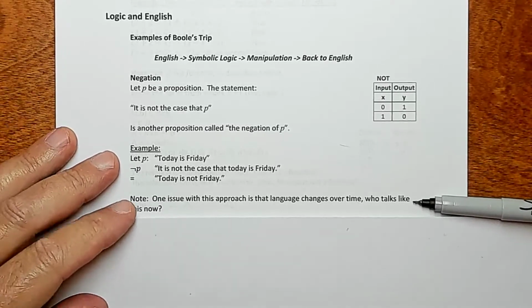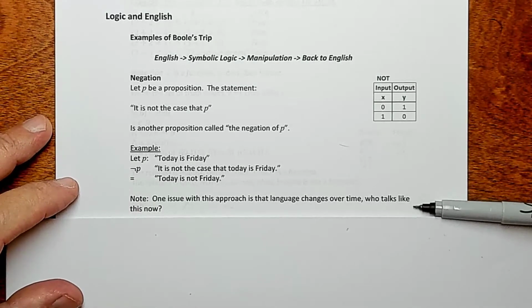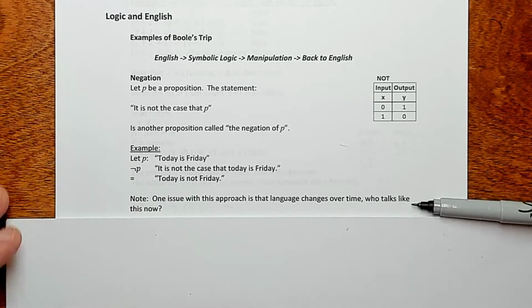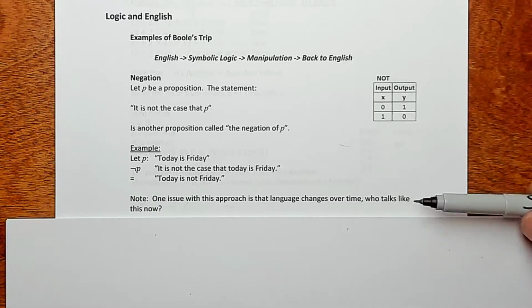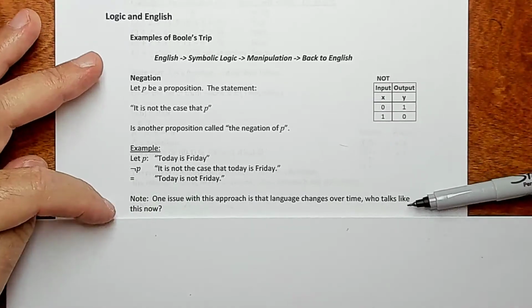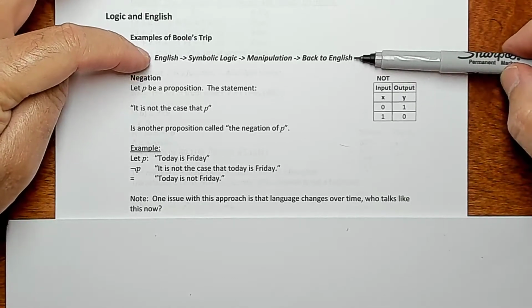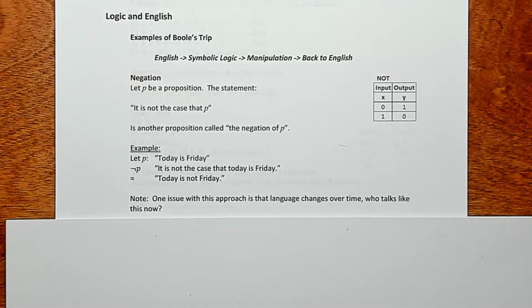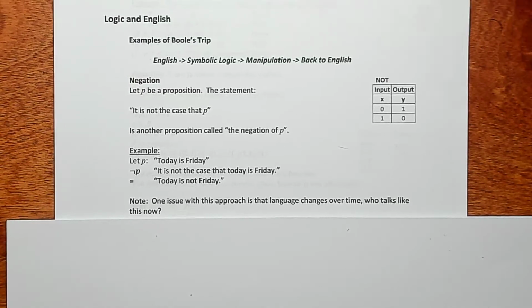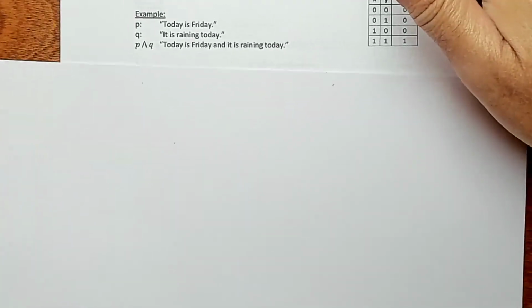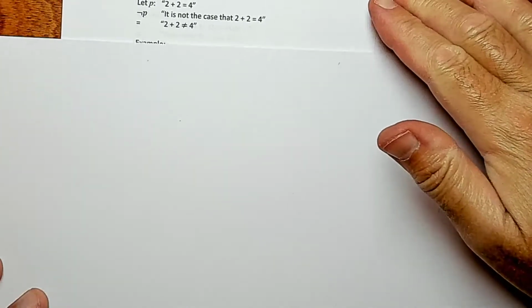Each individual, or group sometimes, has a slightly different way of talking. So you can't understand what people are saying, and to take something so literal that you could do this kind of thing with it is a little bit of a stretch, in my opinion. Anyway, just my opinion.